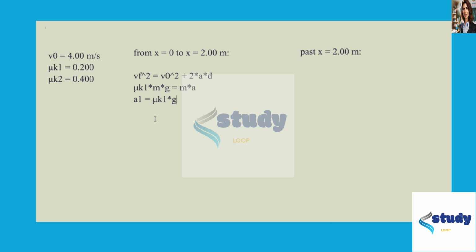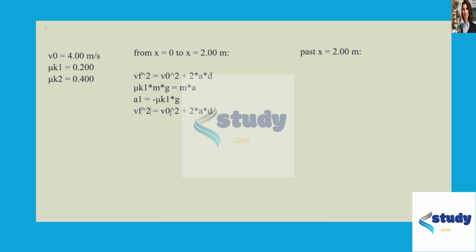Now, if the block is moving to the right, this is going to be a deceleration because it's slowing the block down, so we make it negative to show explicitly that it is slowing down the block. When we plug into our equation, we have our final velocity, which is what we want to find.